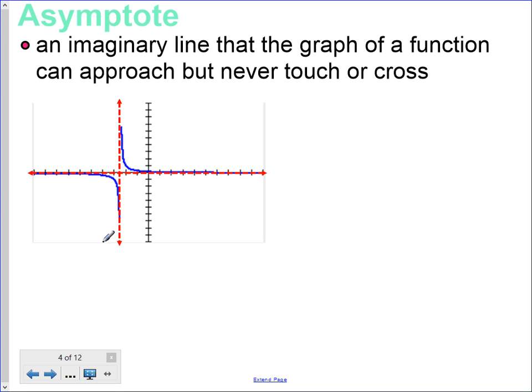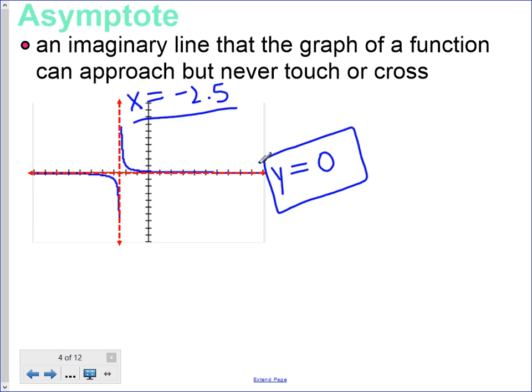You can see in these reciprocals I have two asymptotes. On that last example, it was at x equal to negative 2.5, and I have another one at y equal to 0. The reason that I had one here was because negative 2.5 was the x-intercept of the original function, and an x-intercept has a y value of 0, and I can't take the reciprocal of 0.